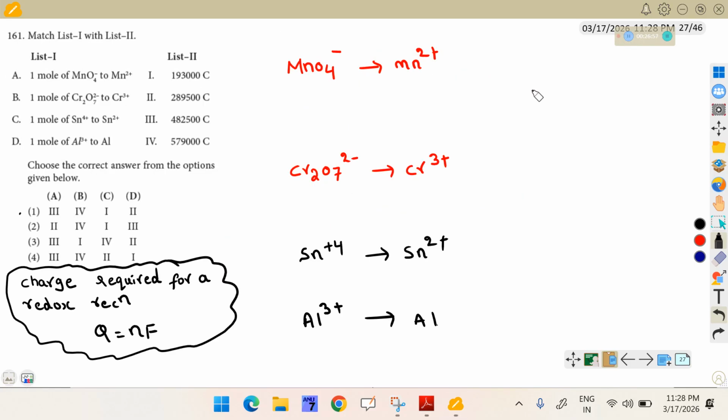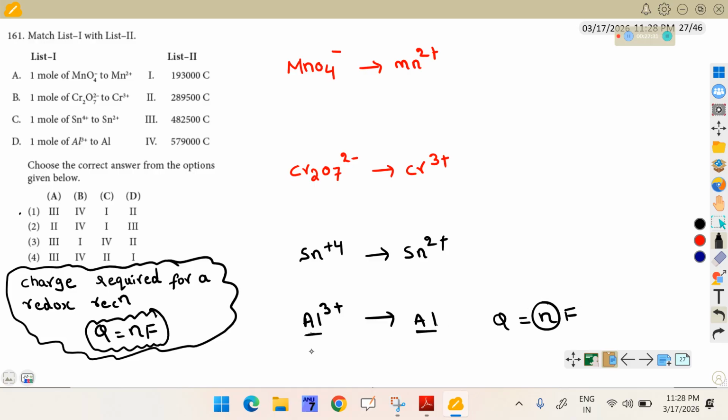Choose the correct answer from the options given below. Charge required for a redox reaction according to Faraday's laws: Q equals n into F. So aluminium 3+ is converted to aluminium. How many coulombs of charge are required? The number of coulombs required is n into F. n indicates the n factor.